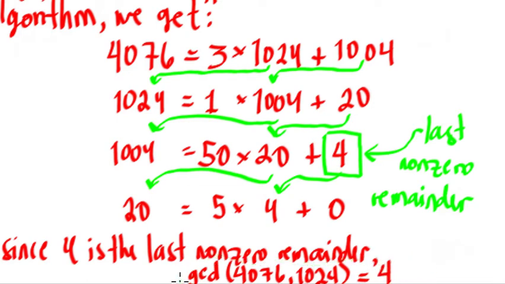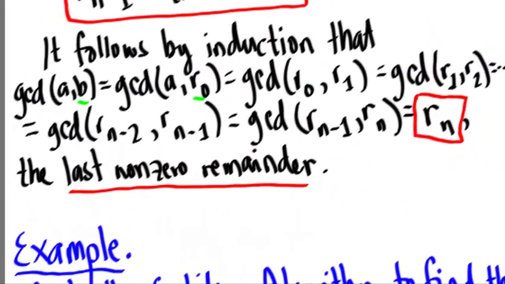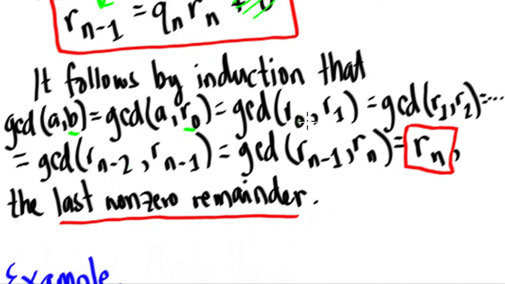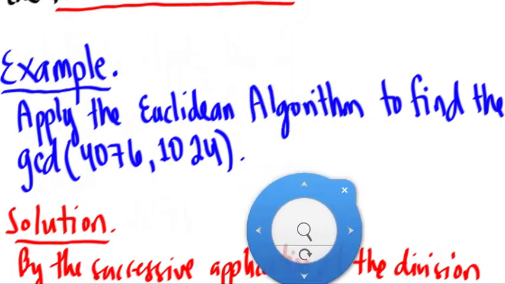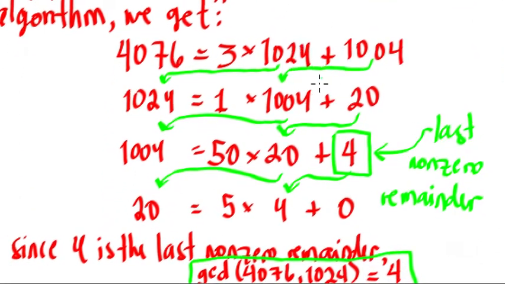Since it's the last non-zero remainder, meaning it's 4. Where did I get this? Going back here, in the sequence. So this r sub n is the last non-zero remainder. Therefore, this is equal to the GCD of the numbers. So that's the beauty, the elegance of the Euclidean algorithm in finding the greatest common divisor of two such numbers.